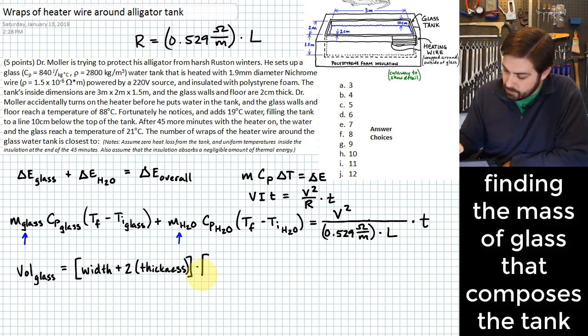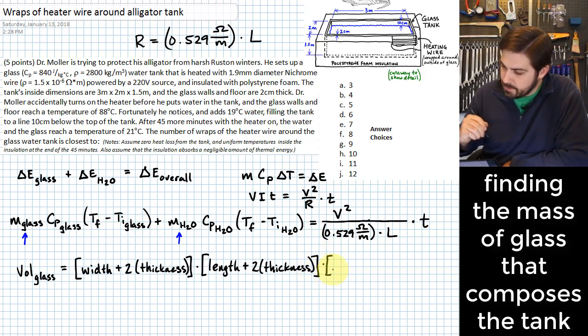I take that and multiply it by the length, and add to that 2 times the wall thickness. And multiply this by the height.